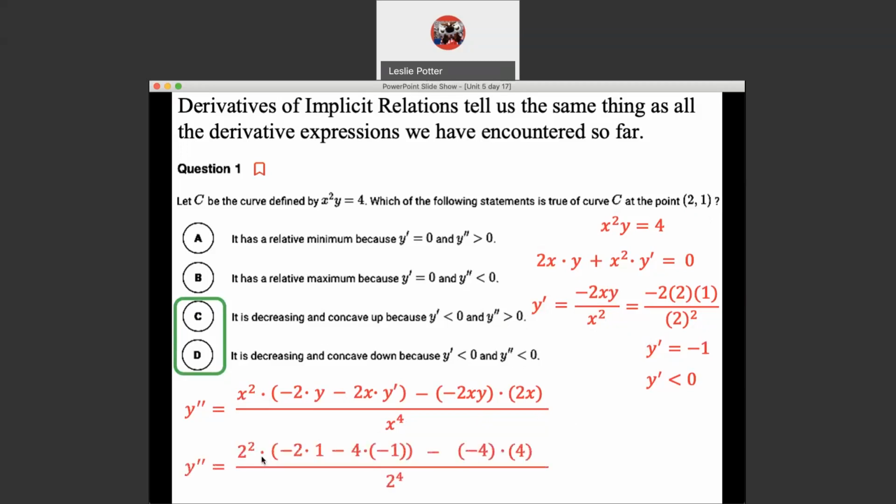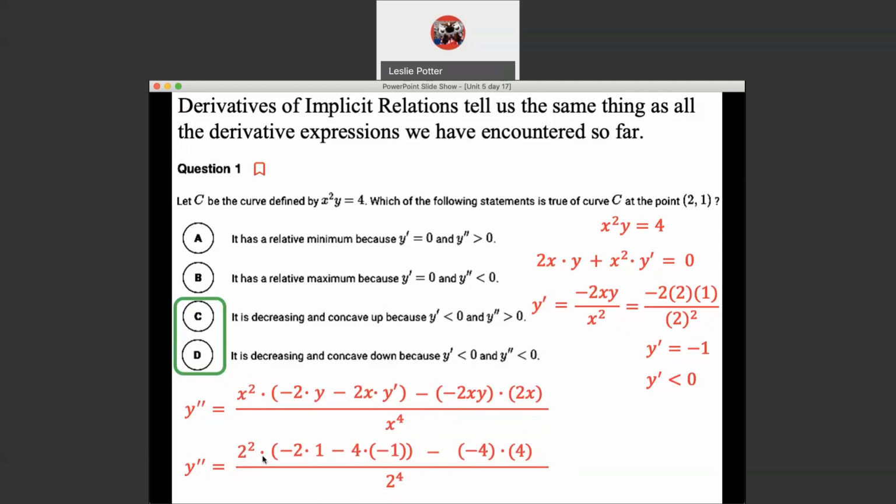So we got 2 squared times negative 2 times 1, that's y, minus 4, because 2 times 2 is 4, times y prime, which is negative 1, minus negative 2 times 1 is all negative 4, times 2 times 2 is 4, all over 2 to the 4th. So doing this math here, we know that the bottom, 2 to the 4th, is 16.